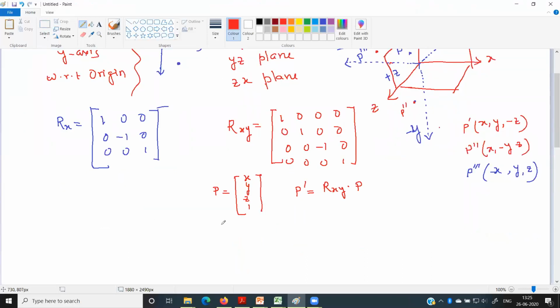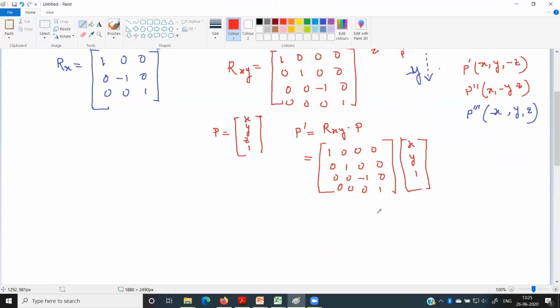So Rxy dot P, that means I'm showing you one case. So it is 1, 0, 0, 0, 0, 1, 0, 0, 0, 0, minus 1, 0, and 0, 0, 0, 1. This is my Rxy, and the point P is x, y, z, 1.